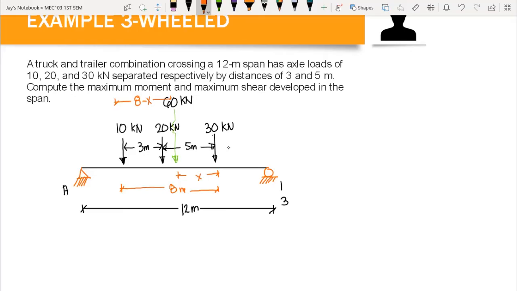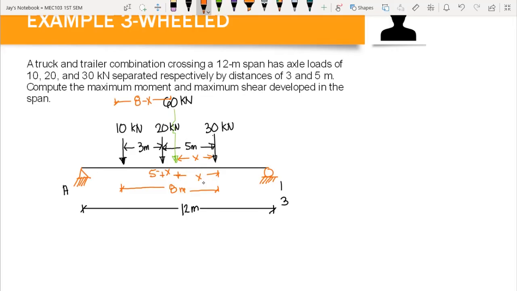And the distance between 20 kilonewton and the resultant 60 kilonewton is this distance here, 5 minus x. Since 5 meters is the distance between 30 and 20, we minus x, and that would give us 5 minus x.